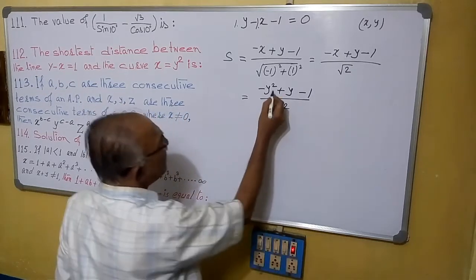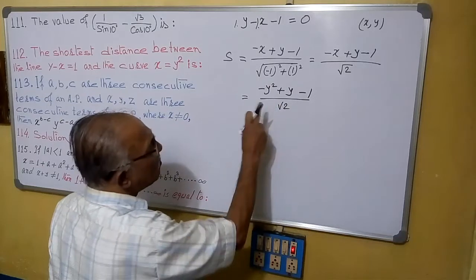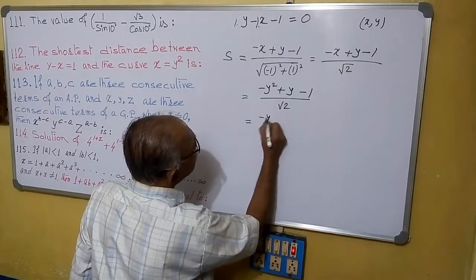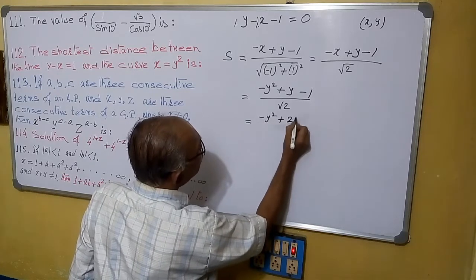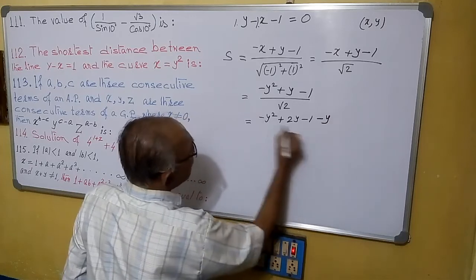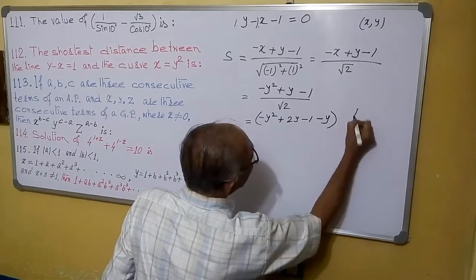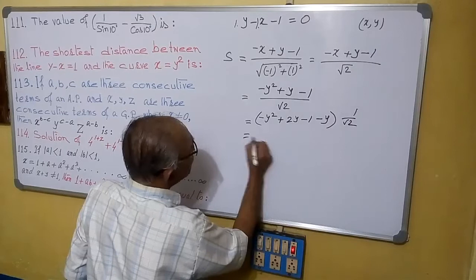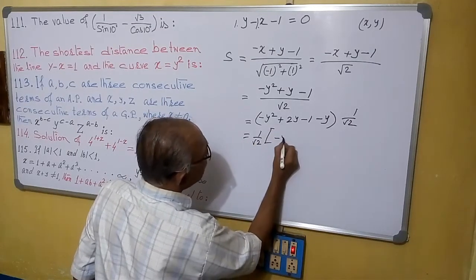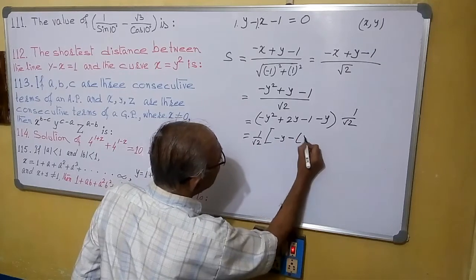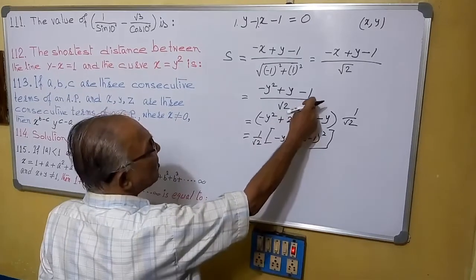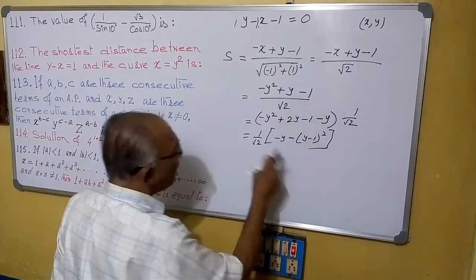Now, see this one, I am showing you one thing, I can write minus y square plus 2y minus 1 minus y into 1 by root 2. This is equals to 1 by root 2 into minus (y minus 1) whole square. This part is not essential, you can do from here also, still I am showing you.